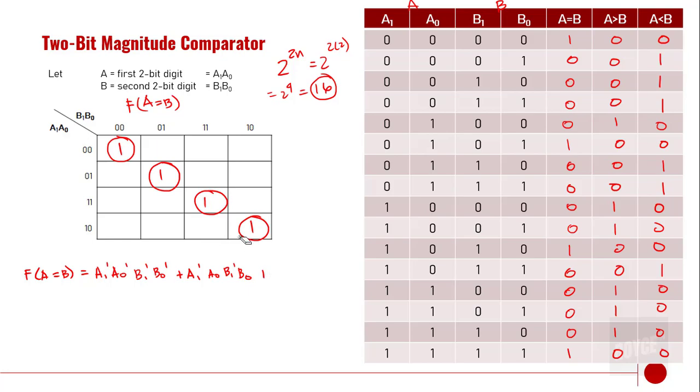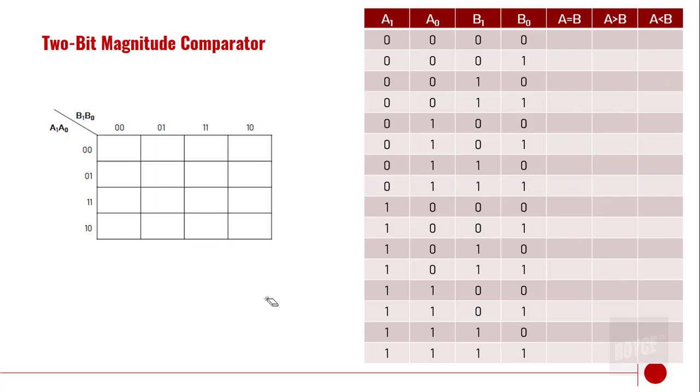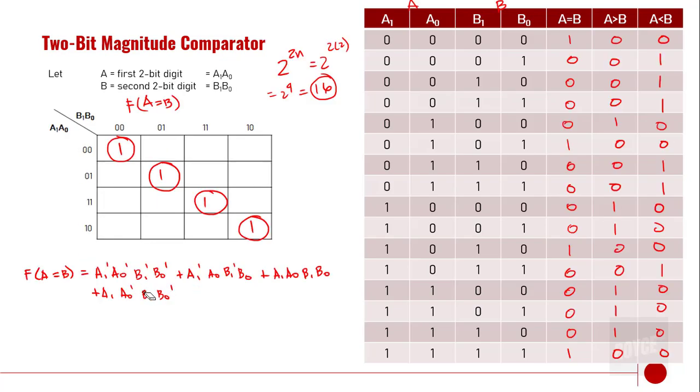Okay, and then next is itong pangatlo, A1, A0, B1, B0. And then the last one would be A1, A0 prime, B1, B0 prime. Okay, so this is our simplified expression.